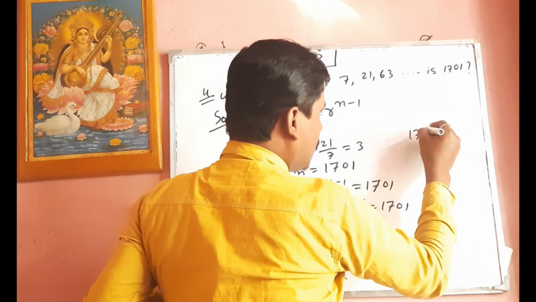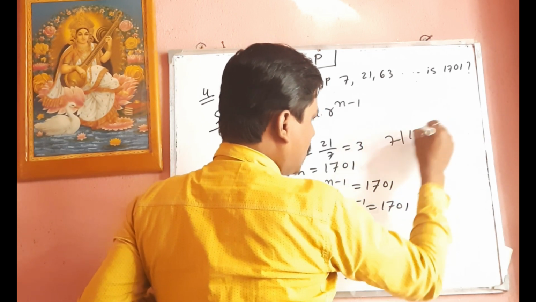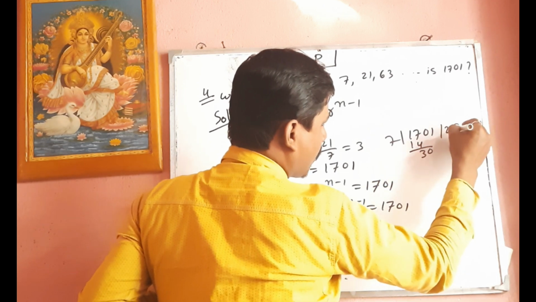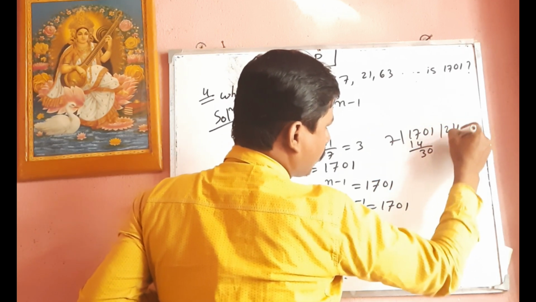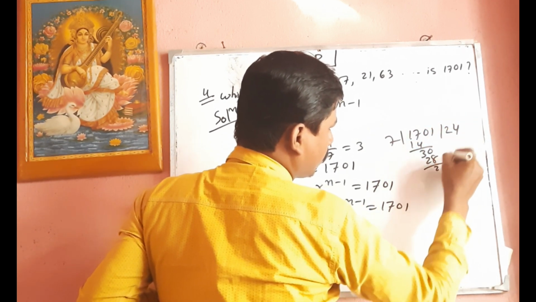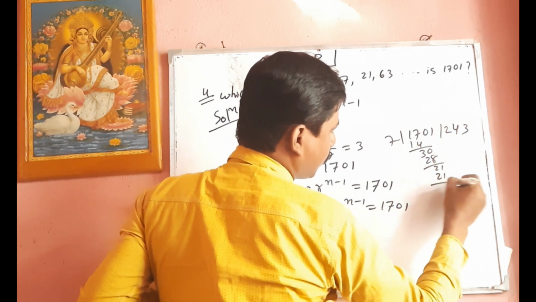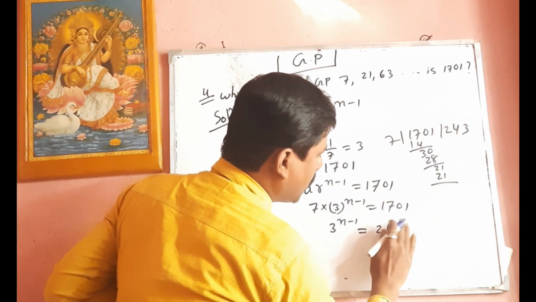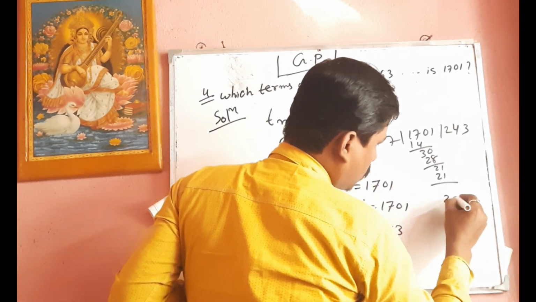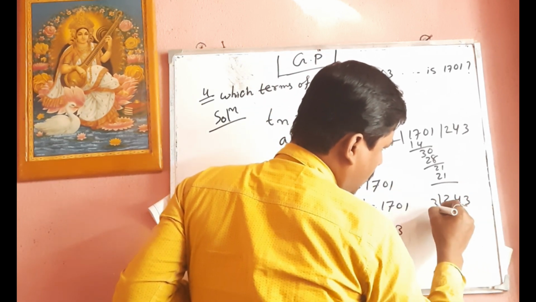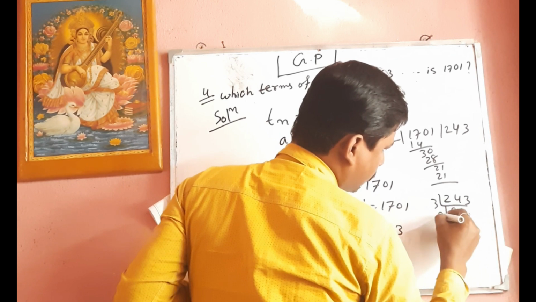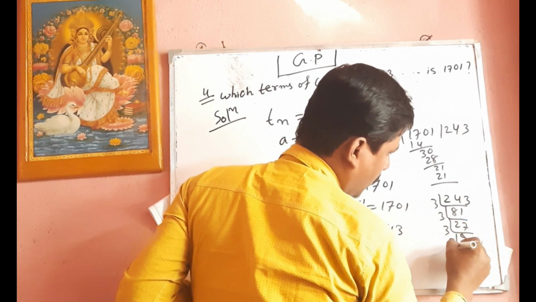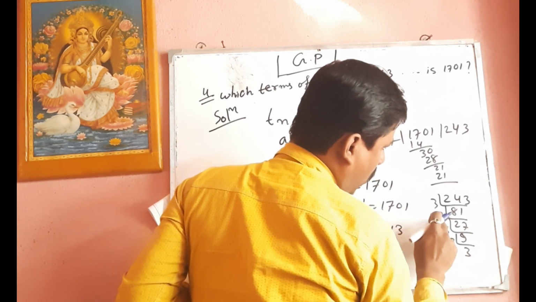Now dividing by 7, this will be 243. And now 243 is 1, 2, 3, 4, 5.